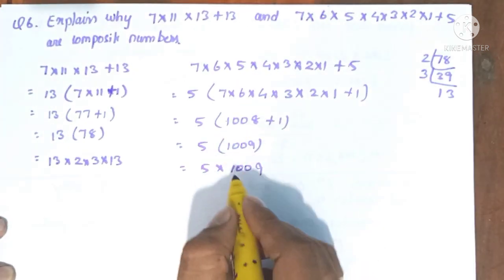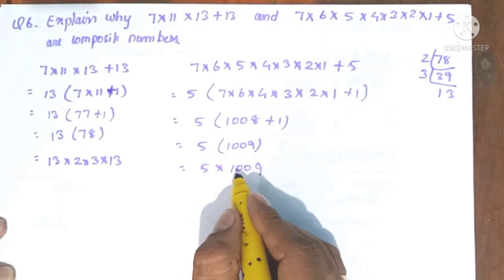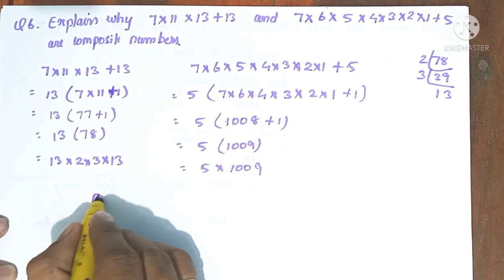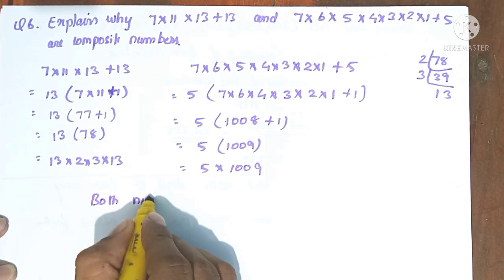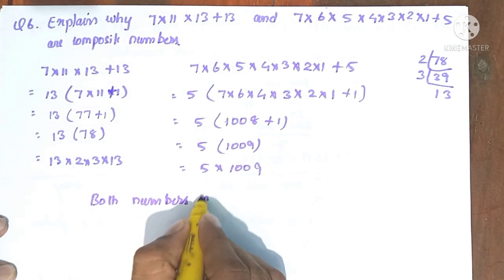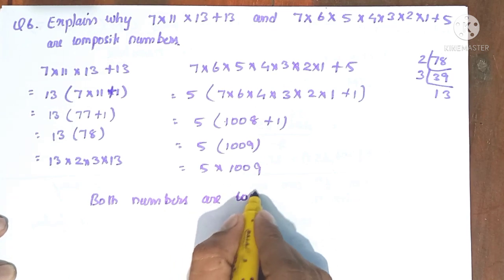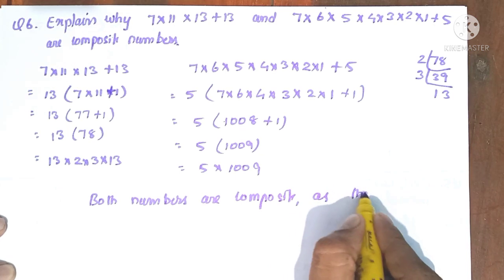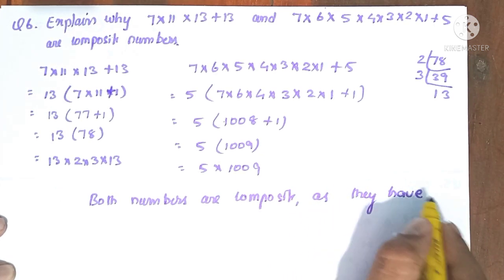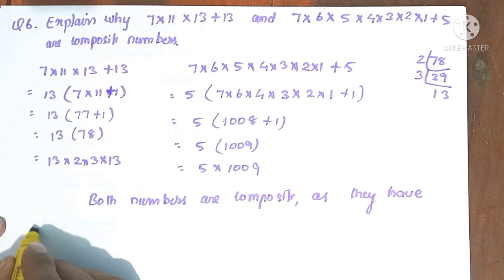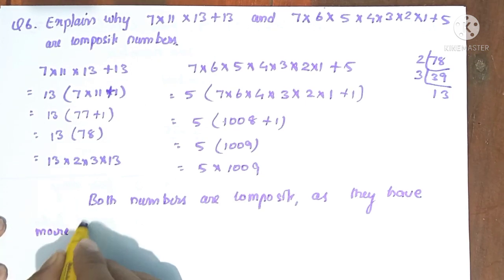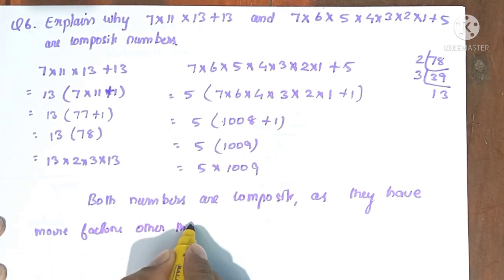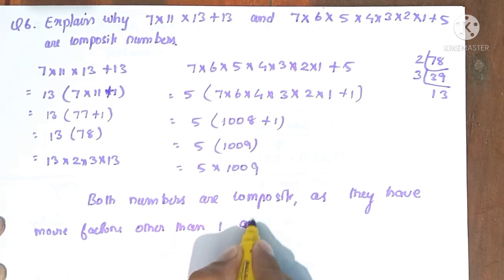Since this number has more than two factors, both these numbers are composite numbers. So we can write, both numbers are composite as they have more factors other than 1 and the number.